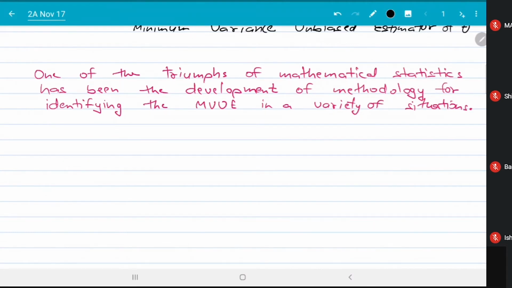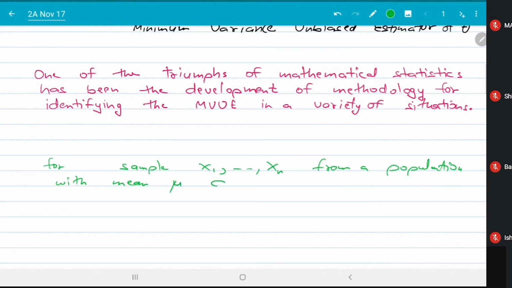Let me again make this claim for a sample, denoted by x1 to xn, from a population with mean mu and variance sigma square.